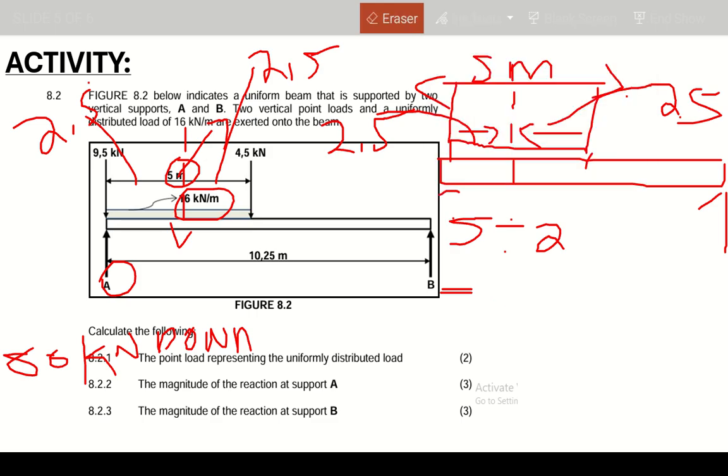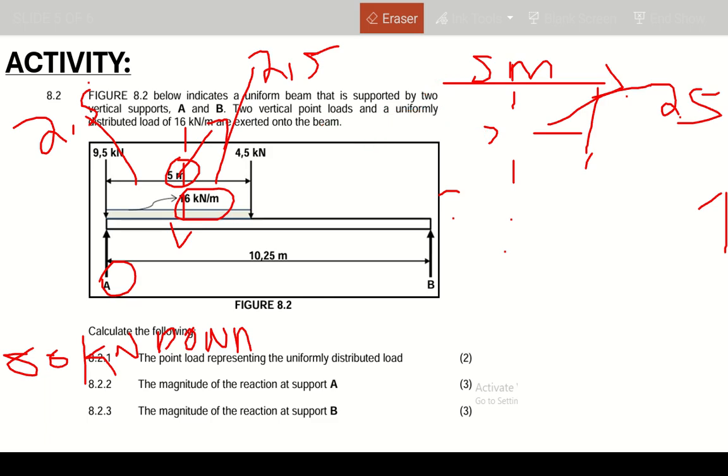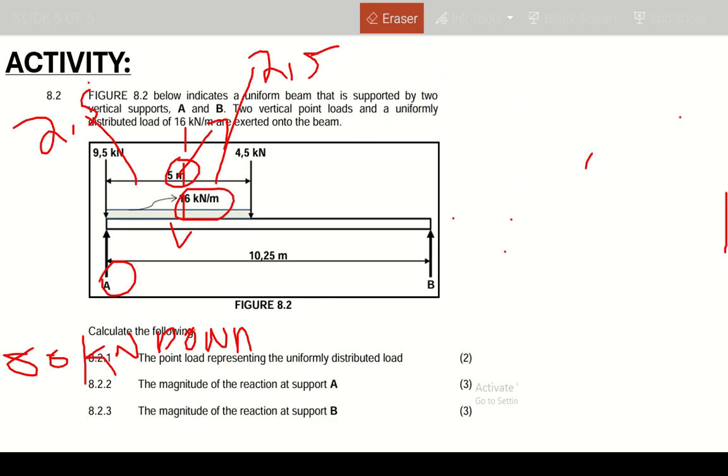Now, since you've got the position of the equivalent point, what will be the next step? To find the reaction at support A and the reaction at support B. It is simple. Just first calculate the total downward load. How to calculate the total downward load?